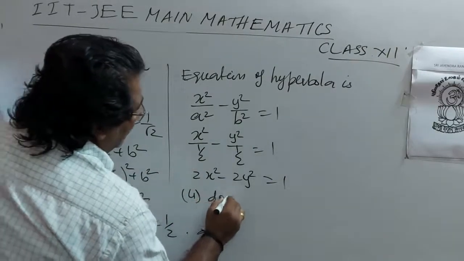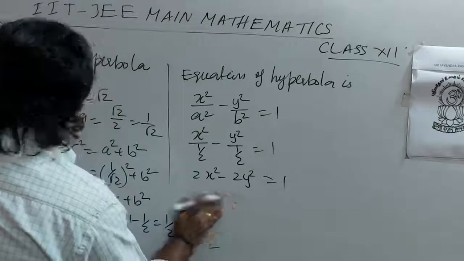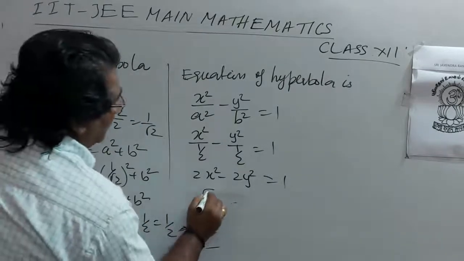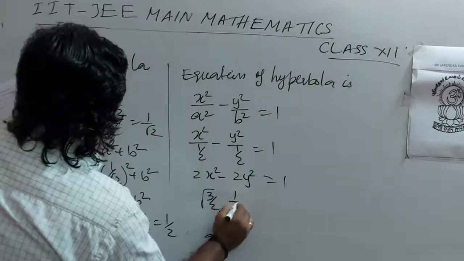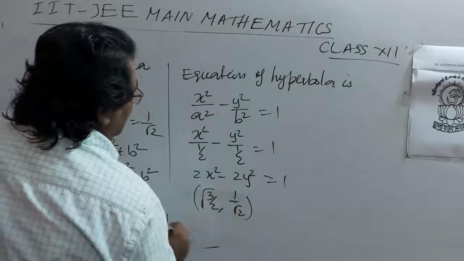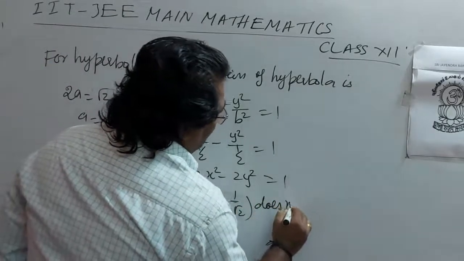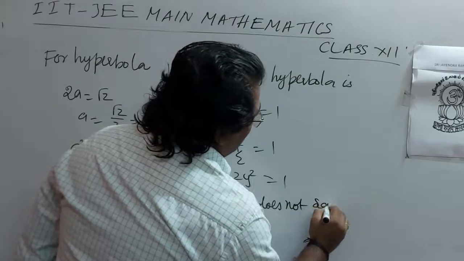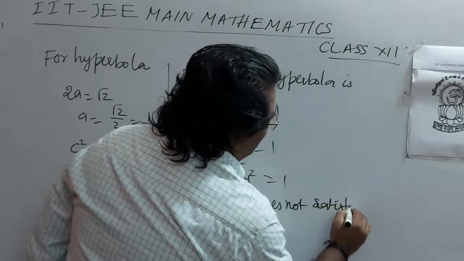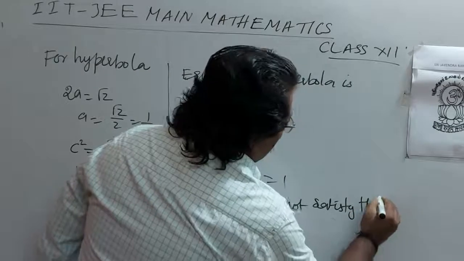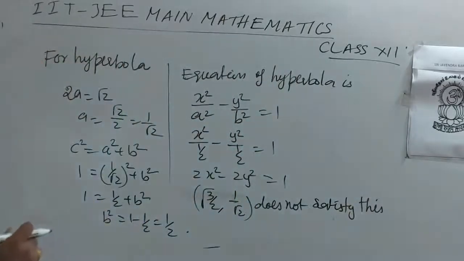Option 4: root 3 by 2 comma 1 by root 2 does not satisfy this. So option 4.